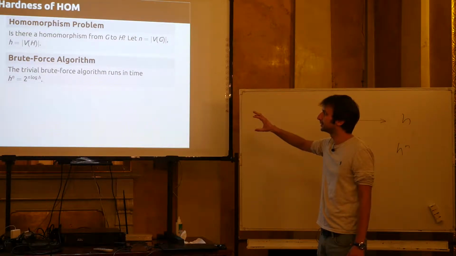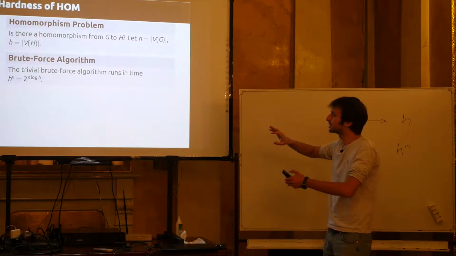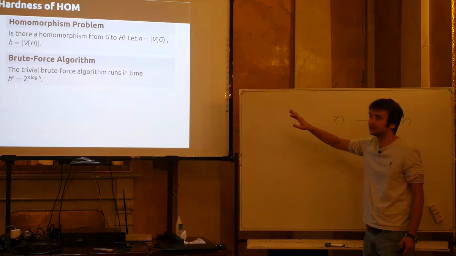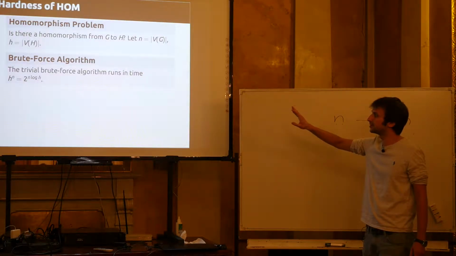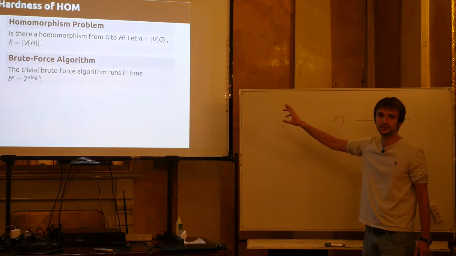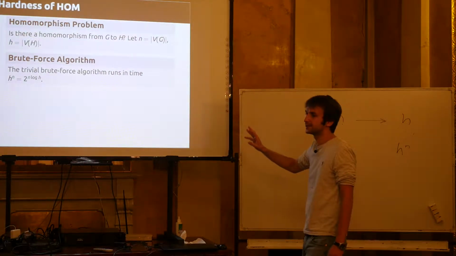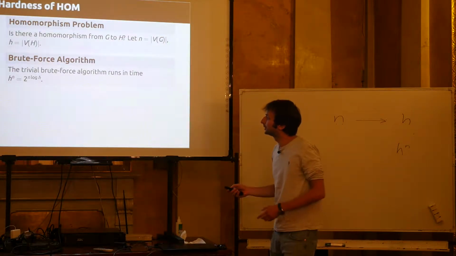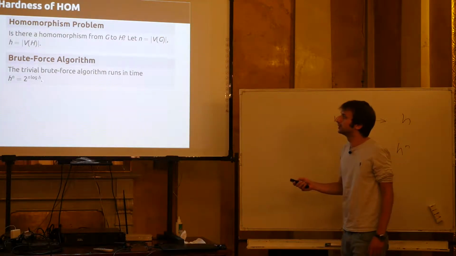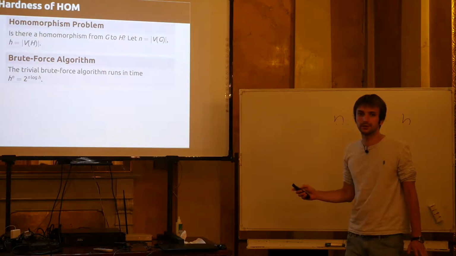You'll see in a moment that it's important whether it's larger or smaller than the left graph, but in our case, we allow h to be any function of n. So you shouldn't think that H is necessarily a fixed constant graph or something like this. It can be a graph of any size as a function of n. And whatever h and n you have, you can always solve it by brute force in time roughly 2 to the n log h.